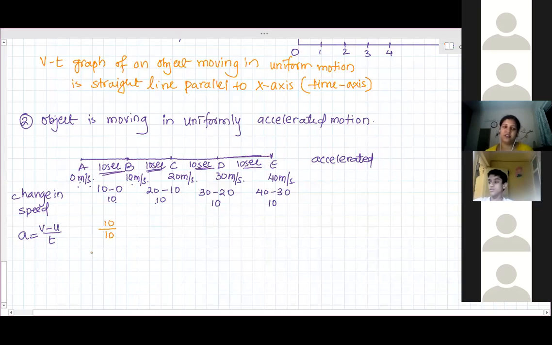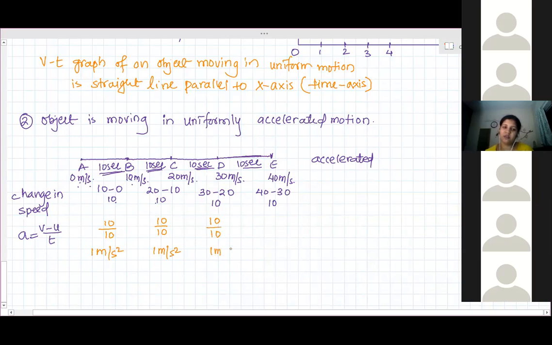So how much is acceleration? 1 meter per second square. In the second interval, again 10 by 10, it is 1 meter per second square. In the third interval of time, 10 by 10, again 1 meter per second square. In the fourth interval, also 10 by 10, it is 1 meter per second square. So every time acceleration remains constant.